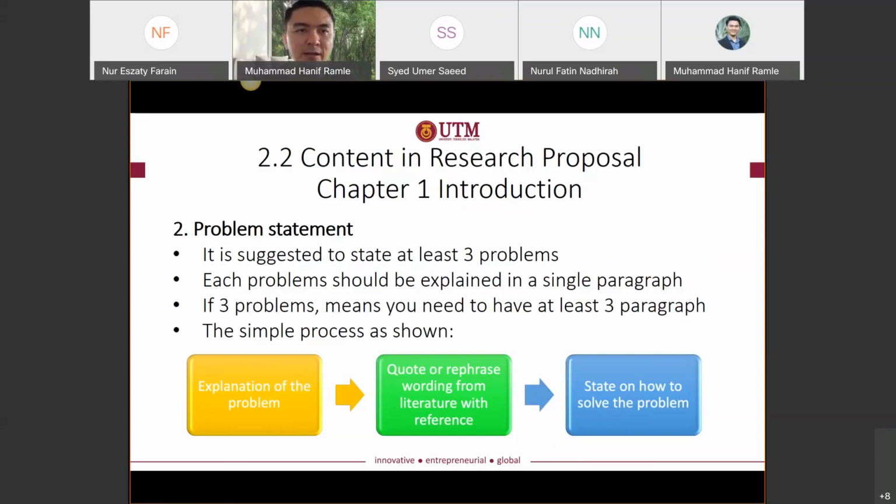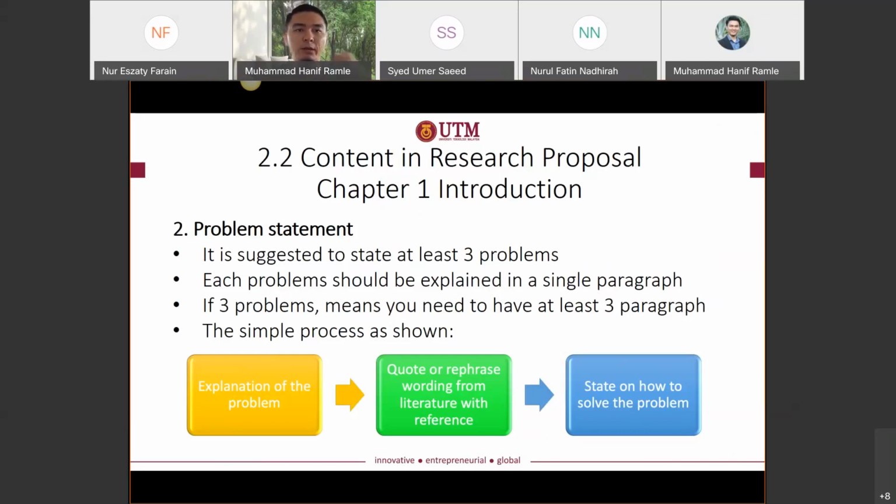Is it failure? Is it success? Is there some infection happening to the patient, for example? That is the kind of problem that can be included in your problem statement. Another problem may be in terms of a method that has not yet been used by other scholars to get the results. This is also a problem that you can include.